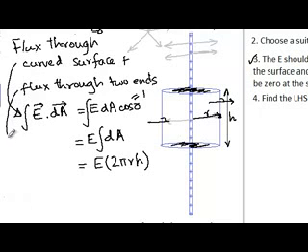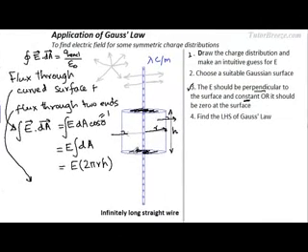Now if you look at the flux through the two ends, you can see that there is no flux in this direction. There is no electric field in this direction. So the flux through the two ends is 0. And this again simplifies our calculations.